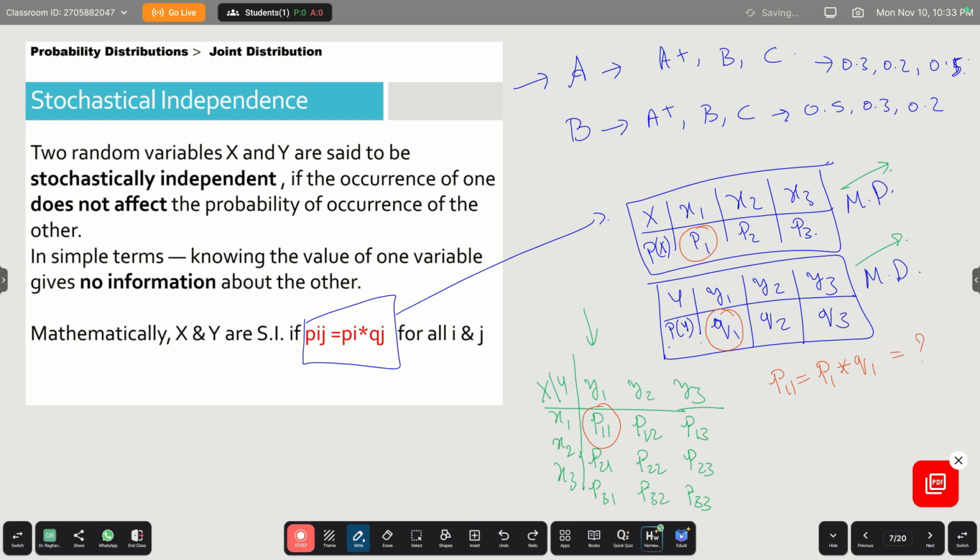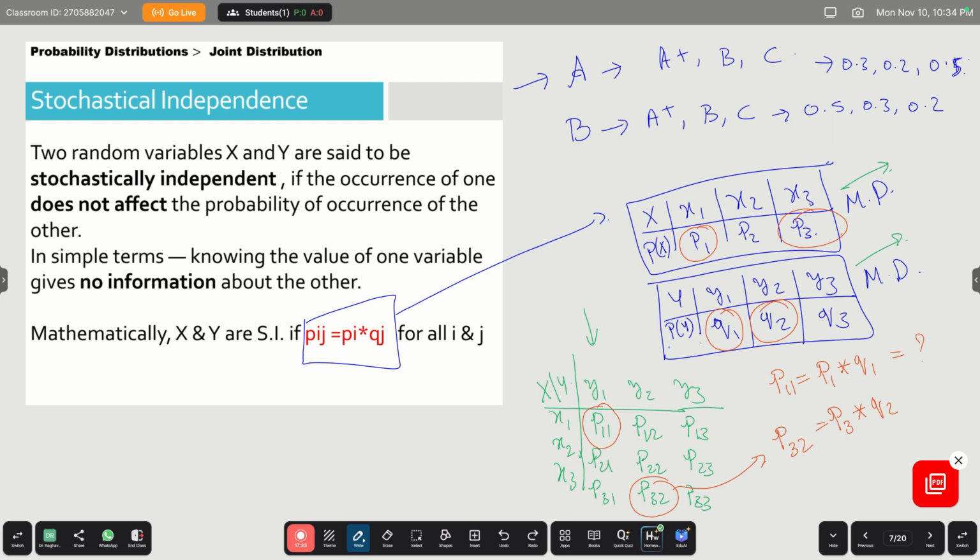And similarly, P3 multiplied by Q2, is this equal to P32? P3 is in the marginal distribution of x, and Q2 is in the marginal distribution of y. If I multiply P3 and Q2, will it be equal to P32 in the contingency table of the joint probability distribution?